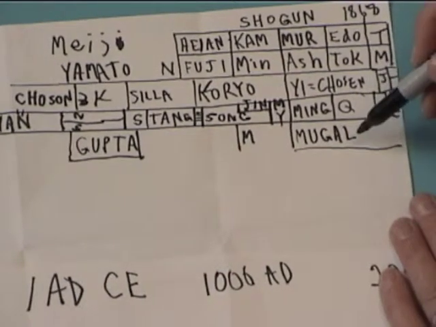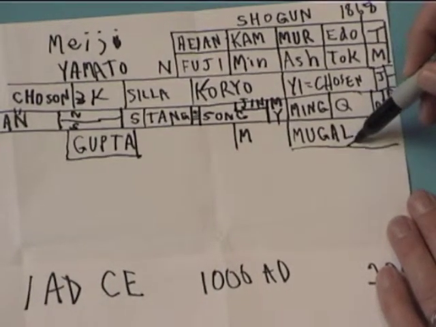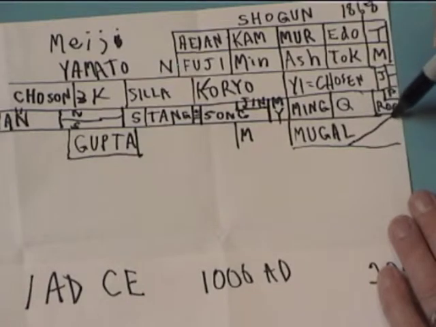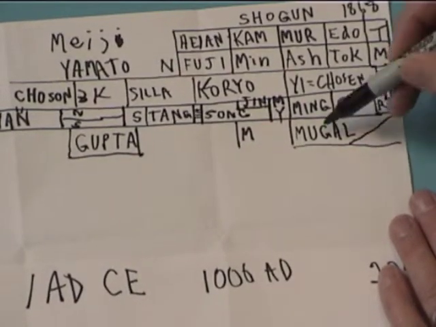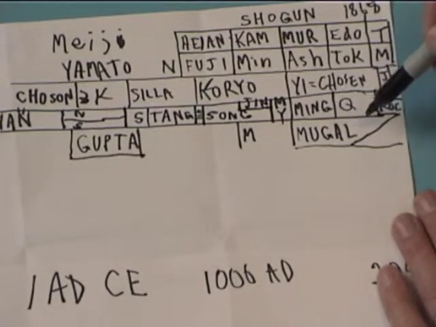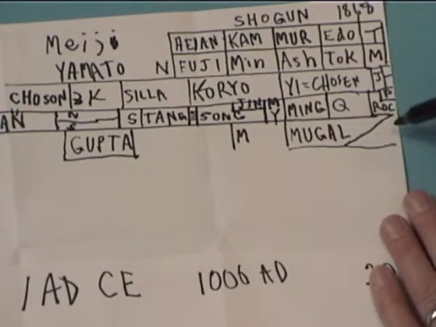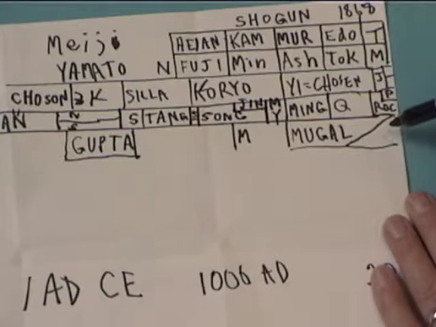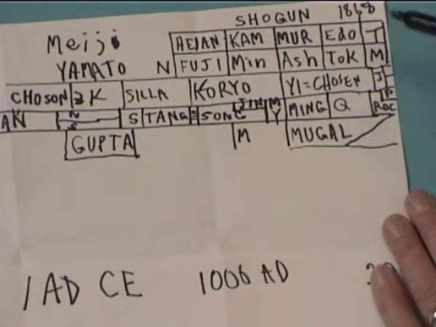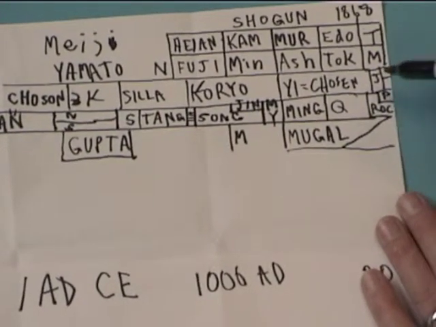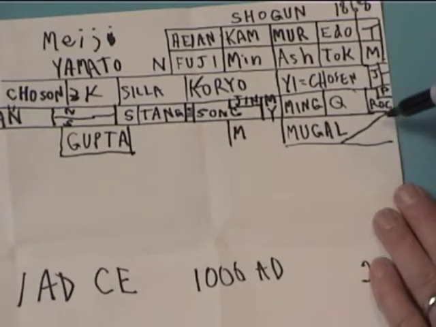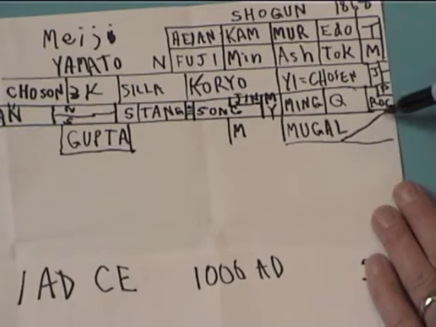From the 1700s on, Britain was getting more and more control over India until finally it took complete control, ending the Mughal Empire, and in the 1800s it became known as British India, and Queen Victoria was the ruler of British India.